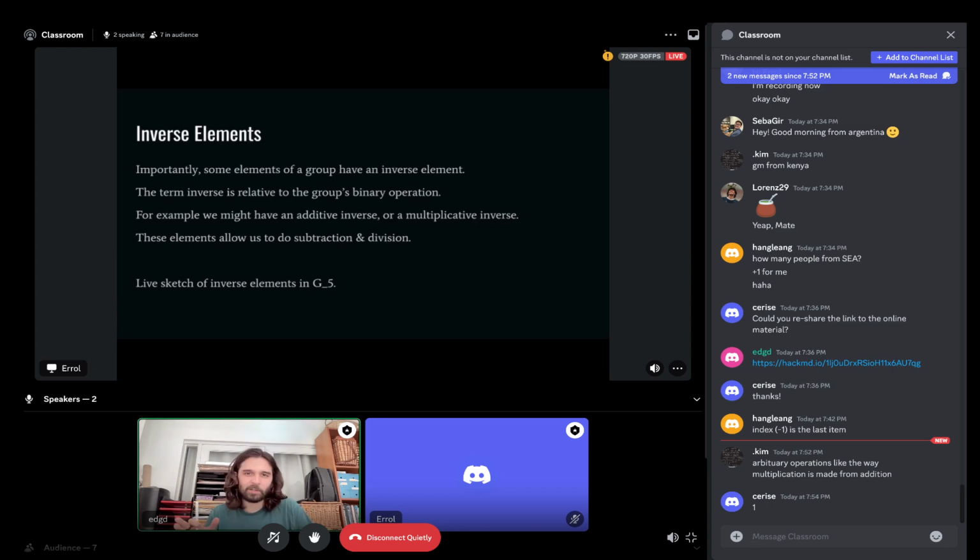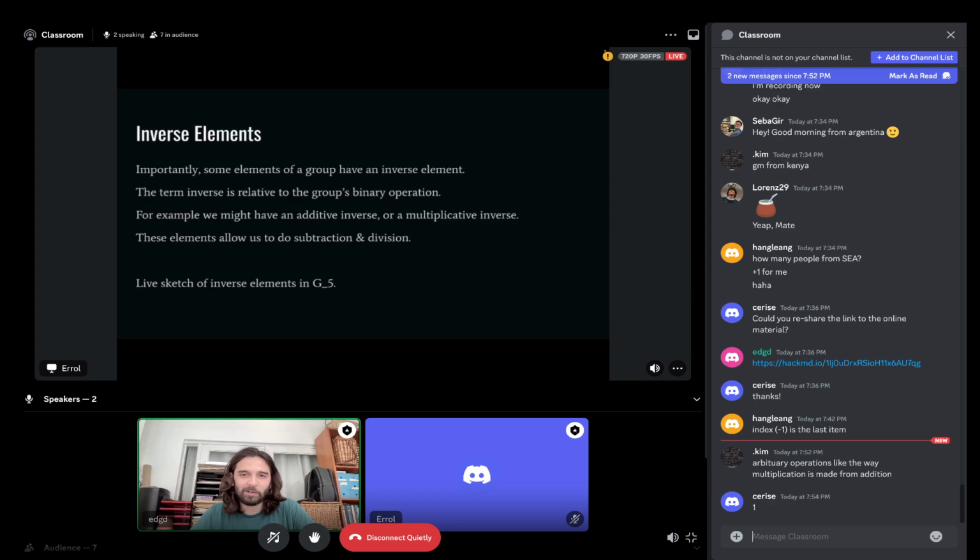And firstly, we've got to define something called an inverse element. I defined the identity element. If you remember, it's the thing that does nothing under the operation. But our inverse element is going to get you to the identity element. So that sounds very odd.